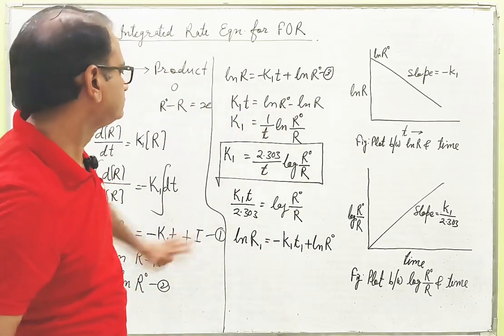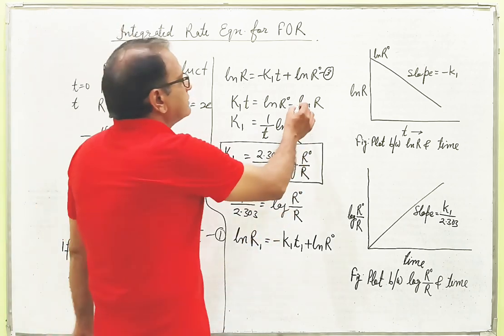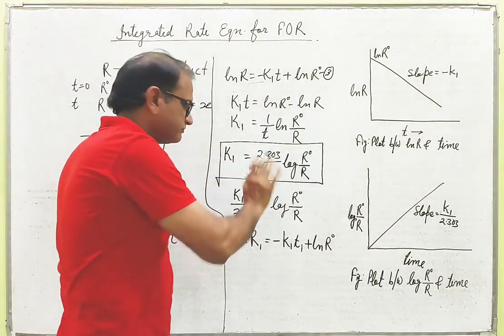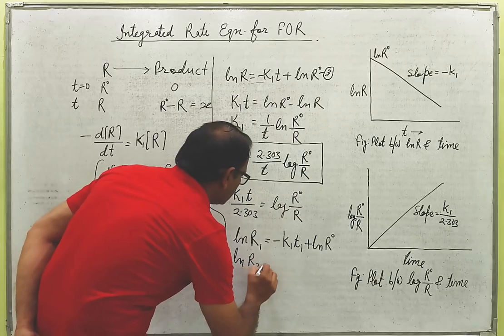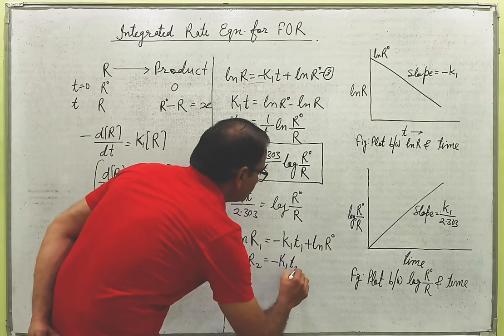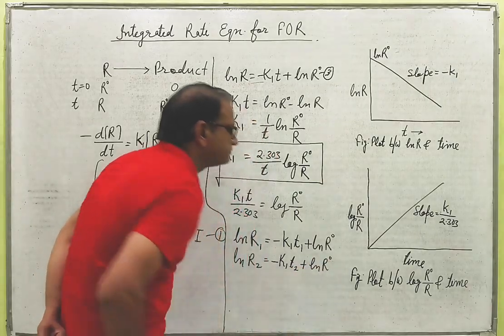Am I right? Now what we have done? We have taken this here and we have taken this here. So another equation will be like log natural R2 will be equal to minus k1 T2 plus log natural R0. Am I right?